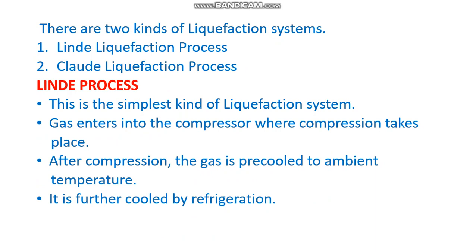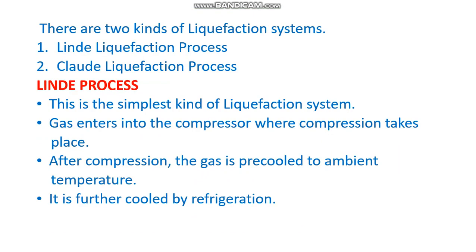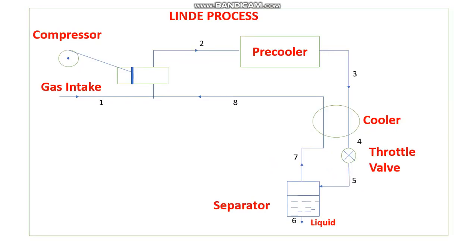Gas enters the compressor where compression takes place, as you can see in this diagram. Then it enters the pre-cooler. After compression, the gas is pre-cooled to ambient temperature. Then it is further cooled by the process of refrigeration.